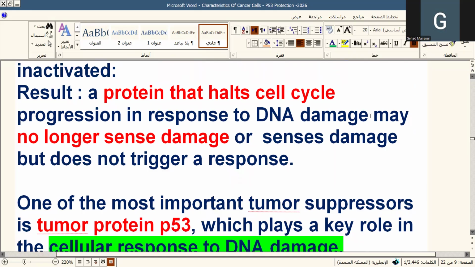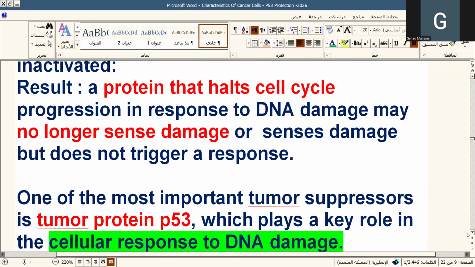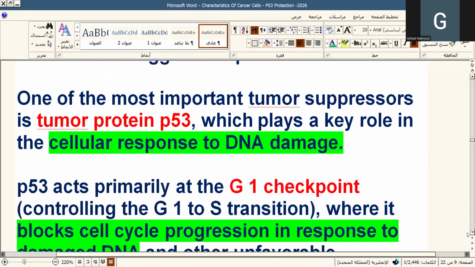But if those sensor proteins that are supposed to be the first detectors of mutations are themselves mutated, they will no longer sense the damage, and therefore they'll not be able to trigger a response. They'll not be able to activate the P53, which halts the cell cycle.